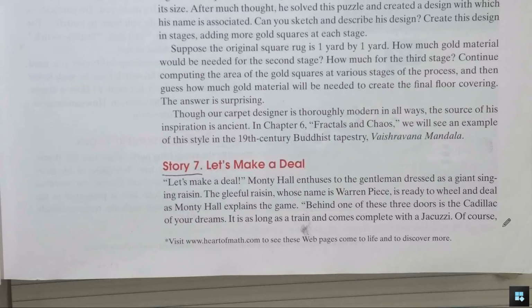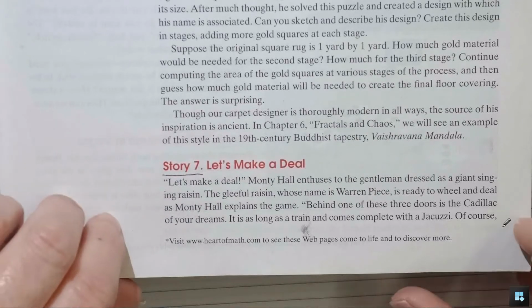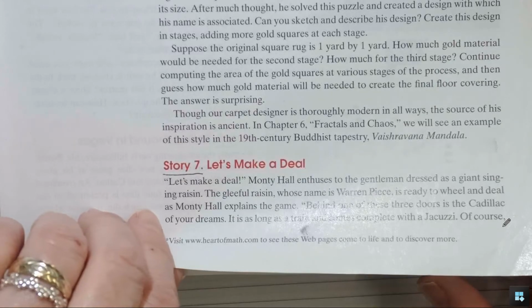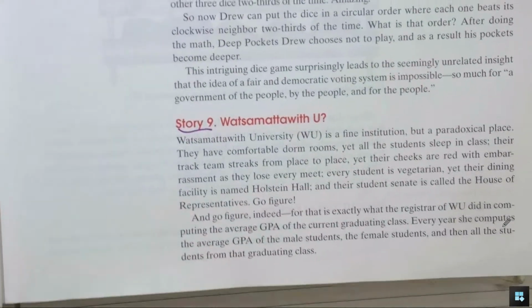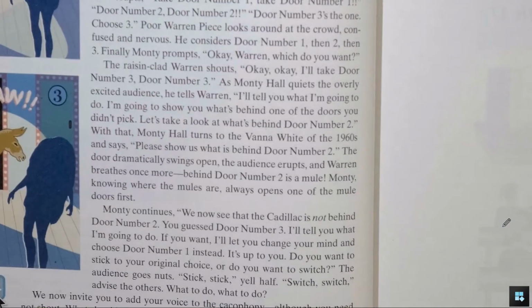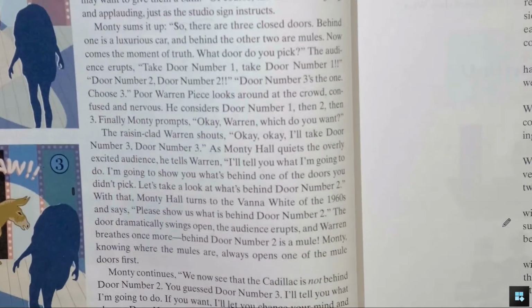Let's make a deal, Monty Hall enthuses, to the gentleman dressed as a giant singing raisin. The gleeful raisin, whose name is Warren Peace, is ready to wheel and deal as Monty Hall explains the game. Behind one of these 3 doors is the Cadillac of your dreams. It is as long as his train and comes complete with a jacuzzi. Of course, if you spend too much time in the jacuzzi, your skin will wrinkle.